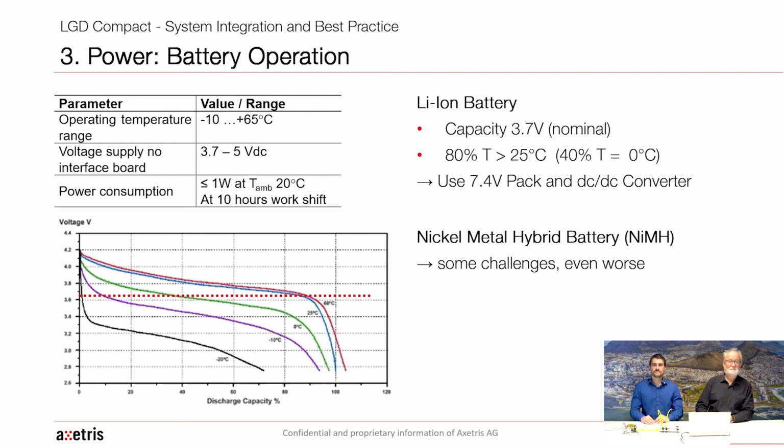So at 25 degrees C, you will only have 80% of this capacity, and at freezing point, 0 degrees C, you will only have 40% of this capacity. So you either have to take a huge pack, or you cannot work all day with this package.